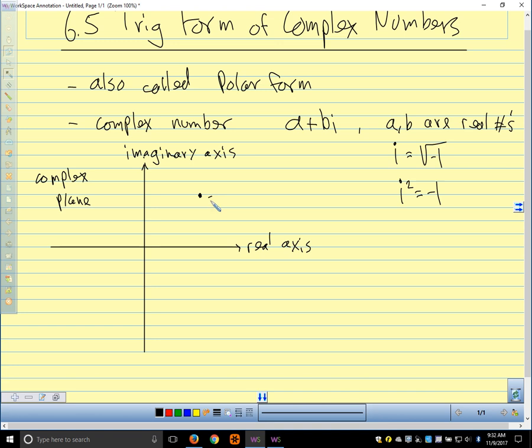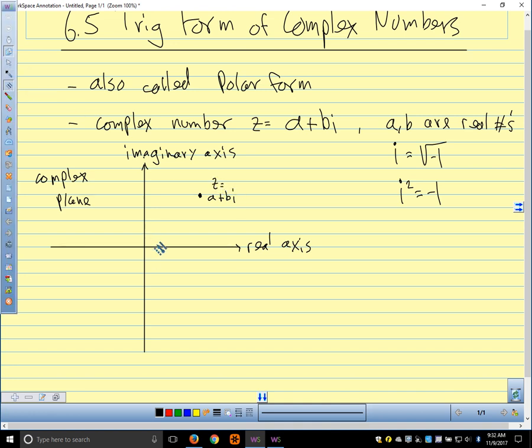So we have this point a plus bi out here in the complex plane. And I'm going to call this complex number z. Instead of using x's for complex numbers, traditionally we use z's. So there's z equals a plus bi out there in the complex plane.